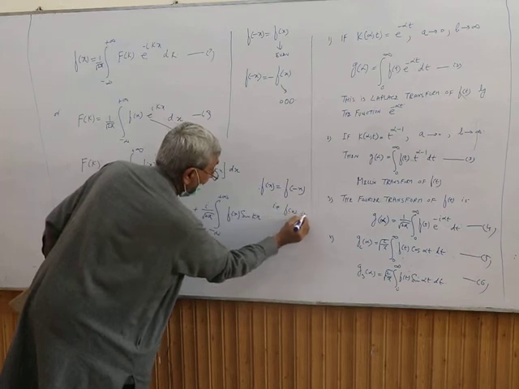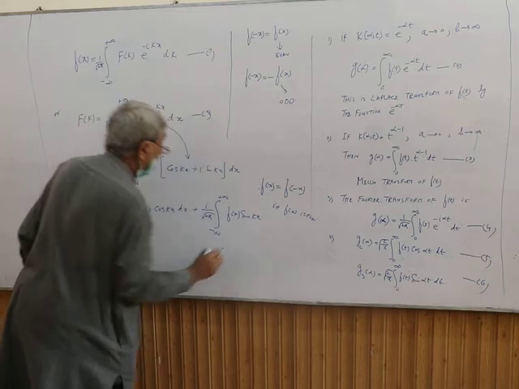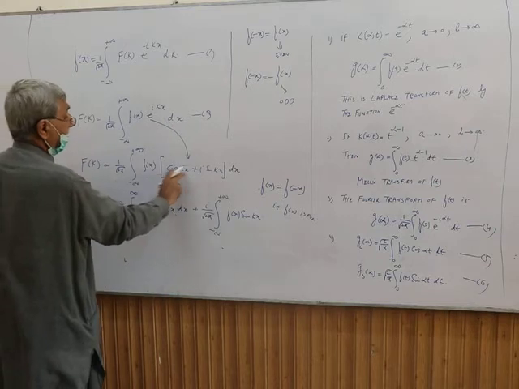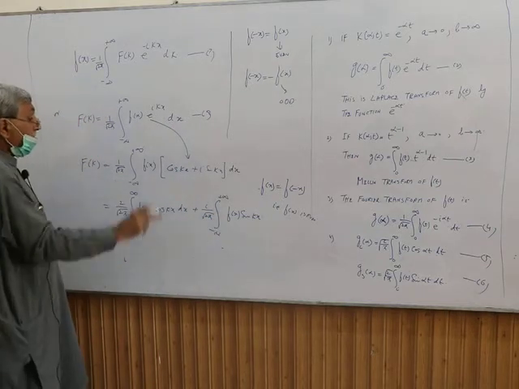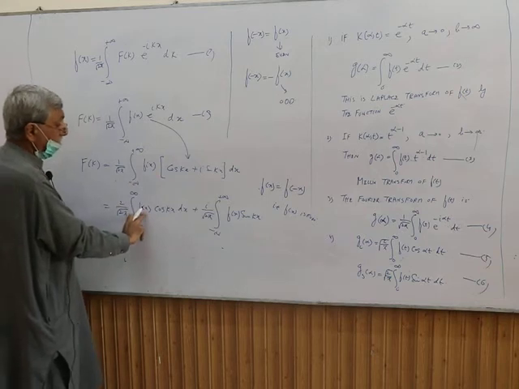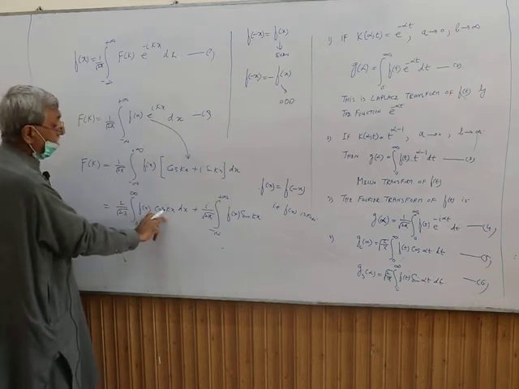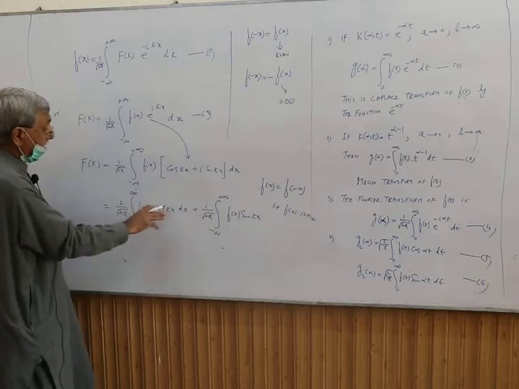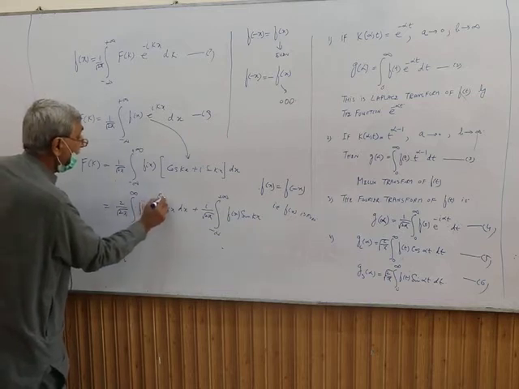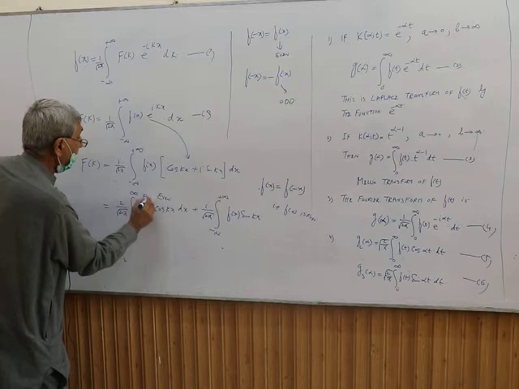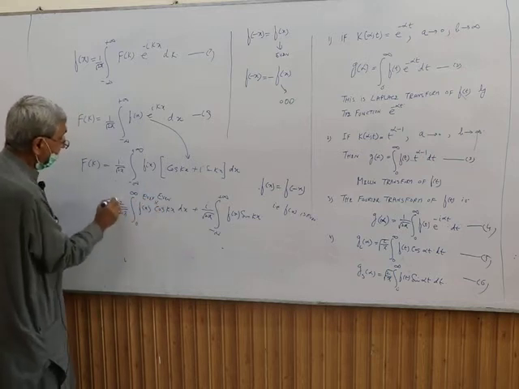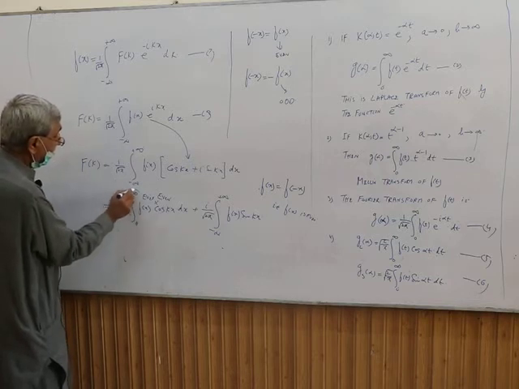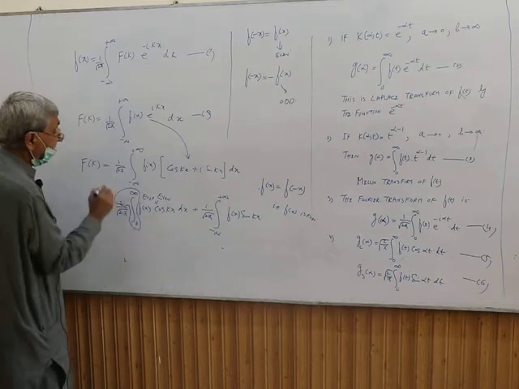Then if you separate these two, because this will be multiplied with this and with that, this is what I have done. Since f(x) is even and cosine kx is also even, because cosine of minus kx is the same as cosine kx, even into even is even, and in that case you can write it as 2 times the integral from 0 to the same limit.